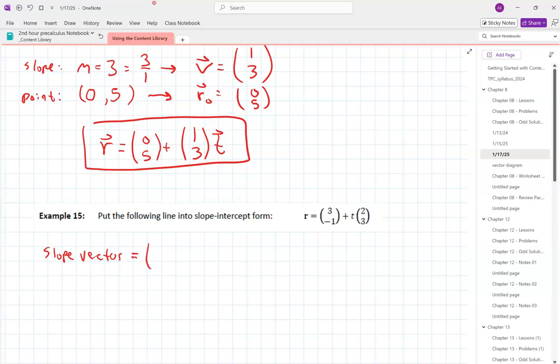So in this case, my slope vector is the vector 2, 3. So my slope should be 3 over 2. Again, just a flip-flop of it. Everybody okay with that? Next, I'm going to identify my point vector. That's the vector 3, negative 1, which tells me I have a point on this line, 3, negative 1.